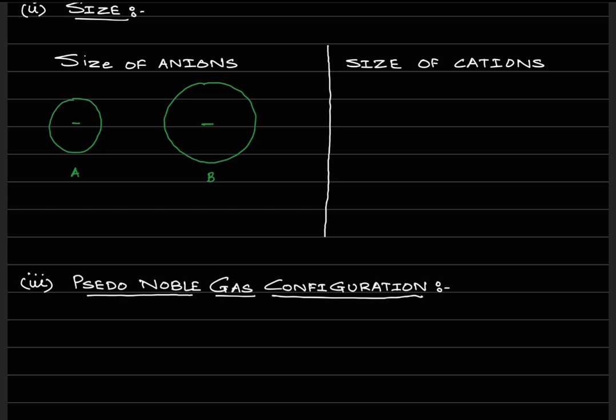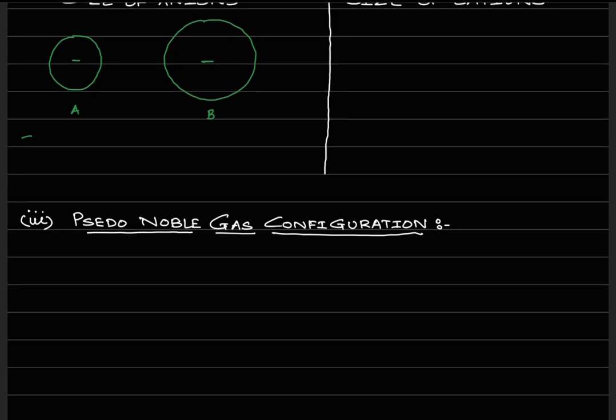So what I would say is that if the size of anion increases, the polarizability increases, and therefore the covalent character will also increase.